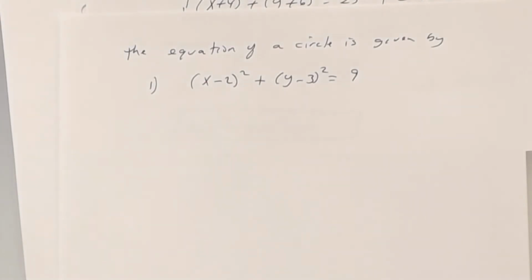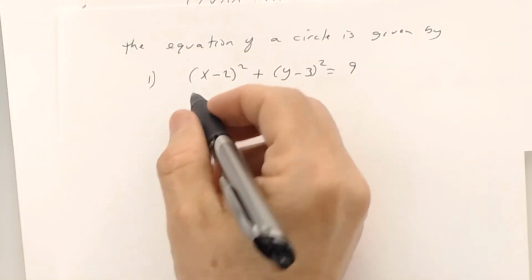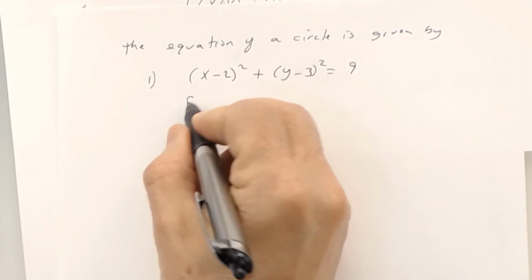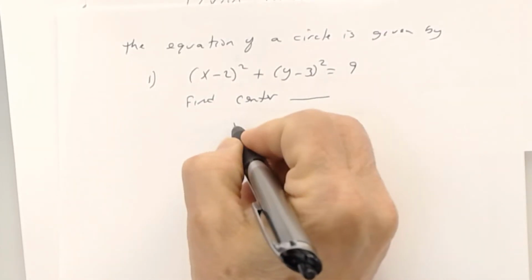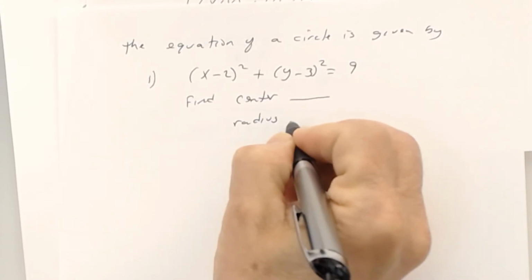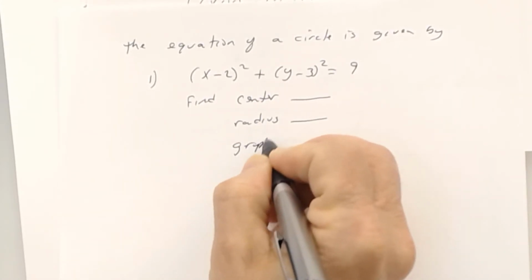So x minus 2 squared plus y minus 3 squared equals 9. Okay? All right. Then I want you to tell me several things. Find the center, the radius, and then graph the circle.